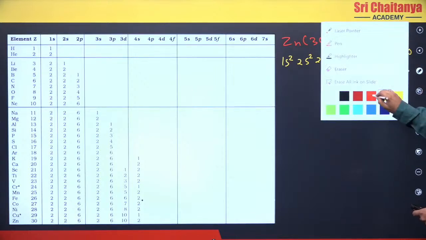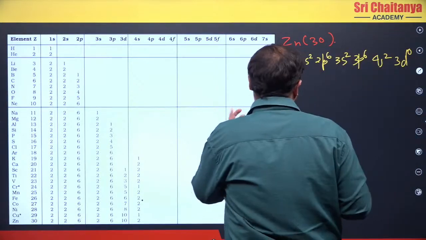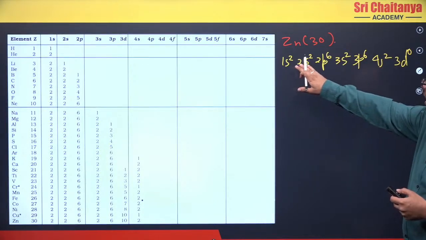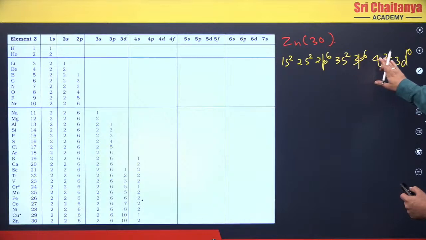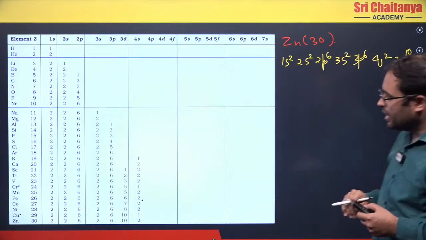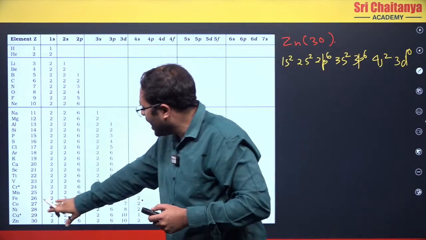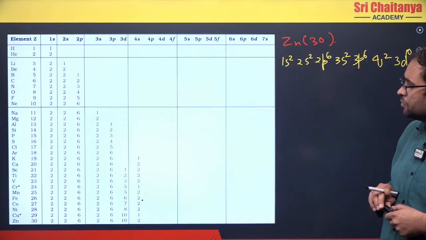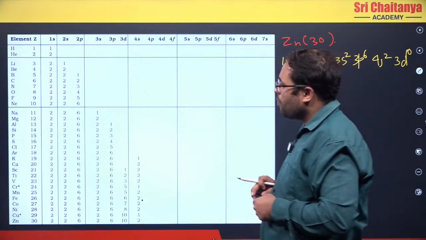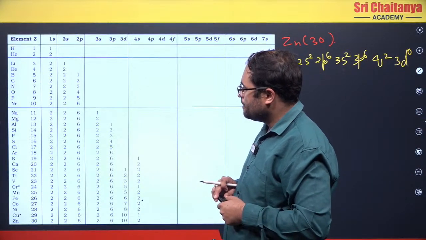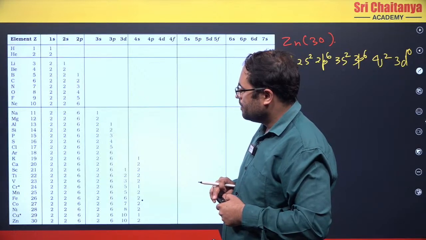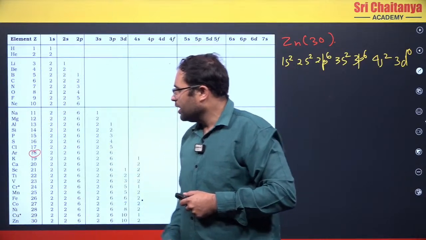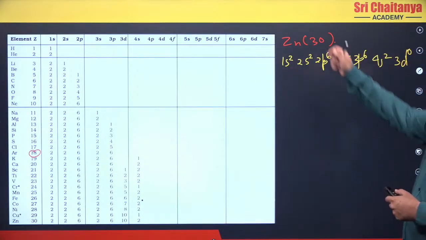So there is another way of writing this. Check till where you are getting the noble gas configuration. You have 10 plus 10, 20, right? Is there a noble gas before zinc which we can use? Think about it. You can see here argon having 18 electrons, sorry.